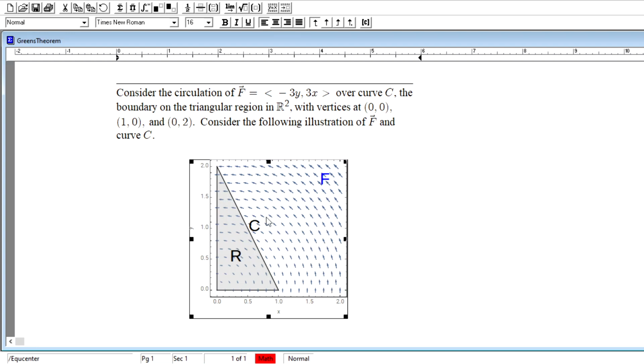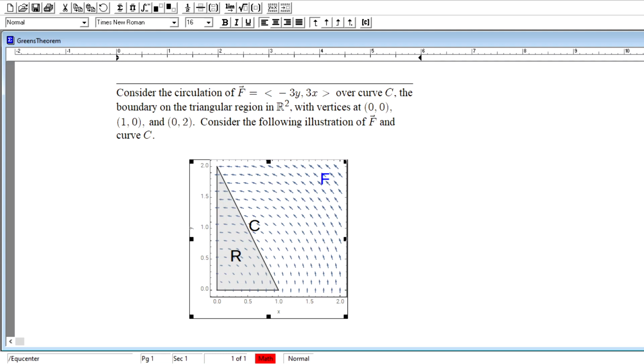As the field F occurs over this region R, it is also occurring over this boundary of C, where we can talk about how this field is contributing to the flow of C, contributing to the direction of change along this boundary of R in the counterclockwise direction. How does the field contribute to that change in C in the counterclockwise direction?